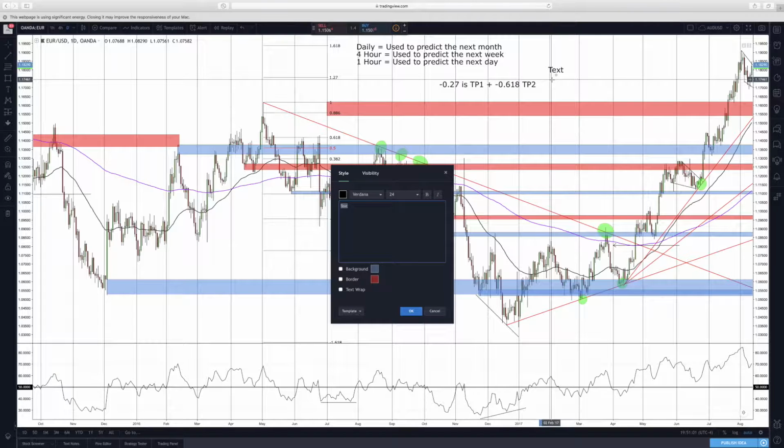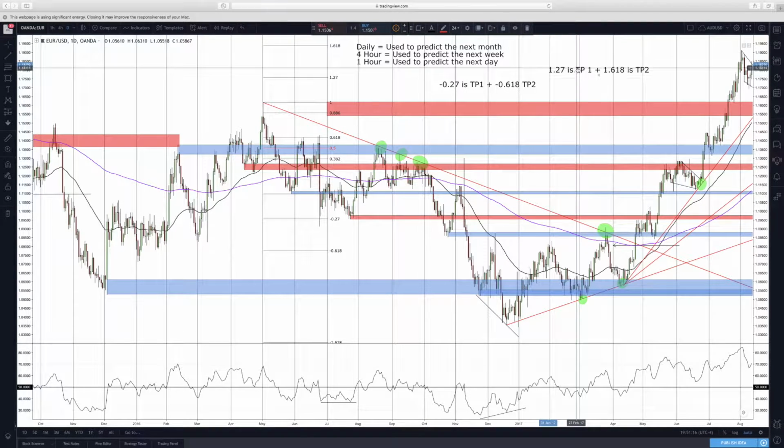Next, 1.27 is take profit 1, and 1.618 is take profit 2. So write that down, take a screenshot, take a picture with your phone, something like that, and just remember that.